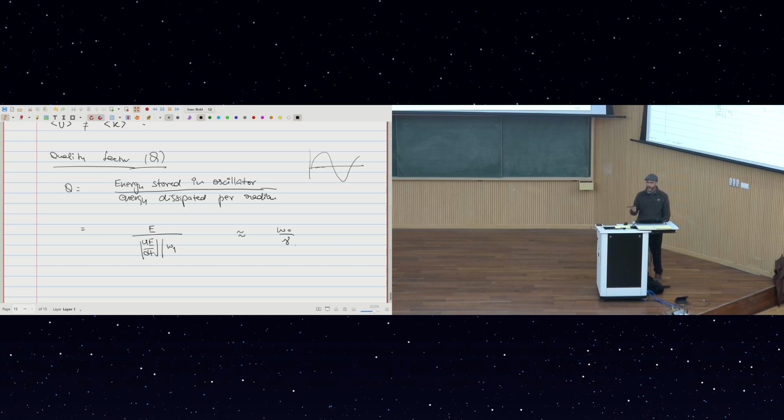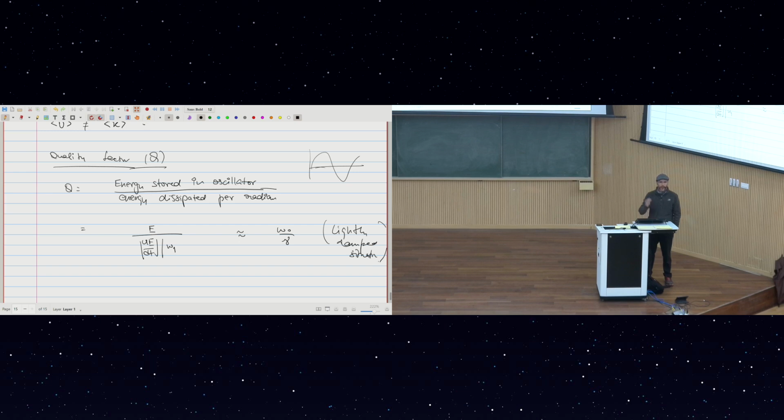I say approximately because it actually is omega 1 by gamma, but for this situation I'll say omega naught is approximately equal to omega 1 for this lightly damped situation. So this is our Q factor. The Q factor is a ratio of the angular frequency and the damping constant gamma.